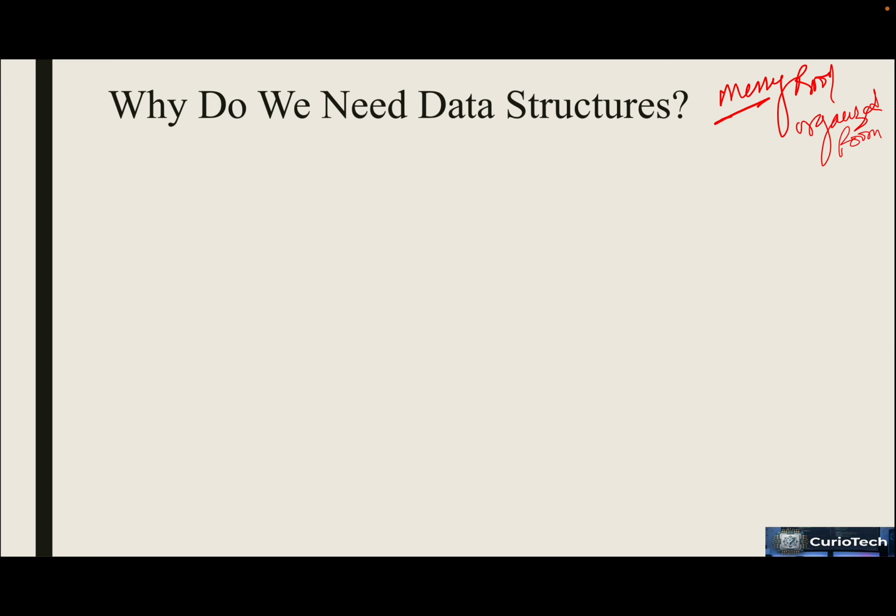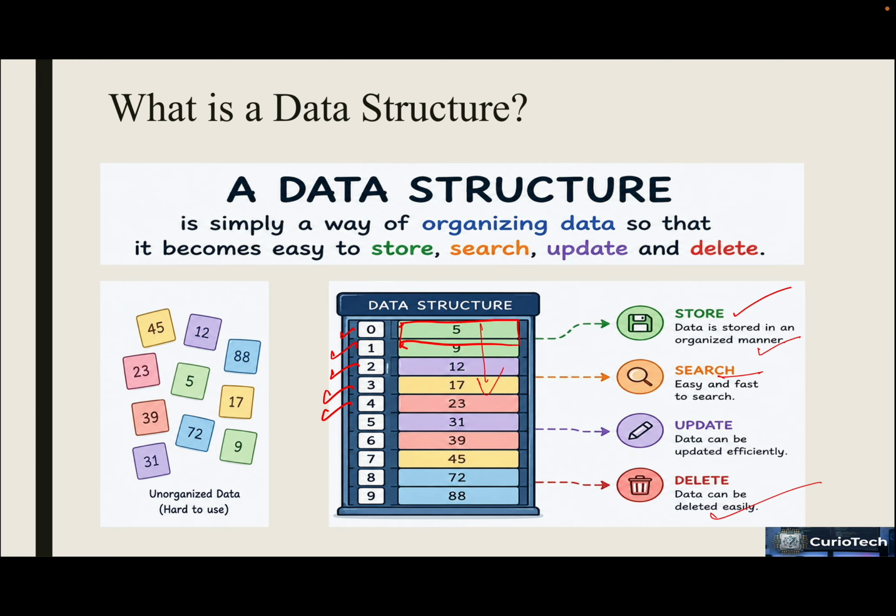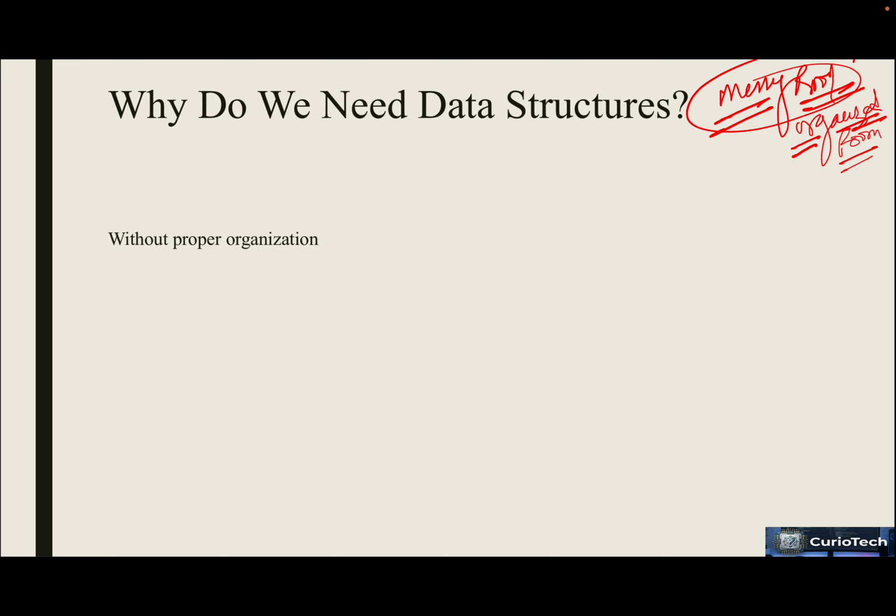But if I start finding that t-shirt in a messy room, it would take me minutes, right? So finding data in an organized place is much more efficient than finding it in an unorganized room. So here we learn that if I organize the data very well, that means I can find that data. That means my search has been efficient. I can update that data, I can delete that data, and also I can store the data well, right?